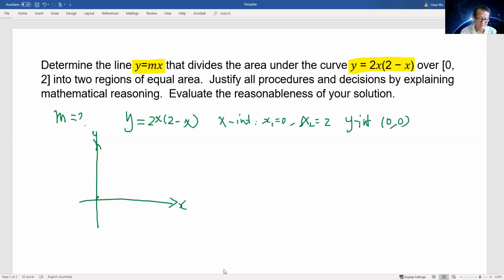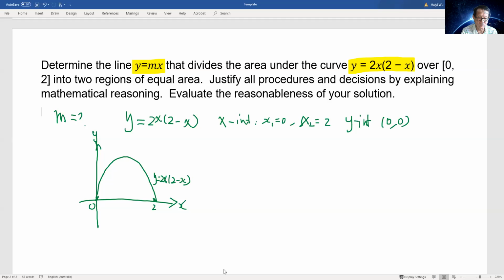The x-intercepts are 0 and 2. So that's the parabola. This is the first graph, y equals 2x(2 minus x).